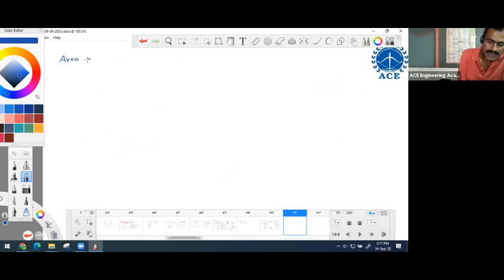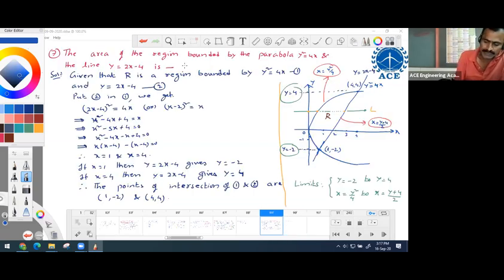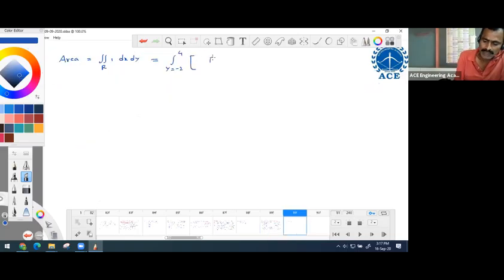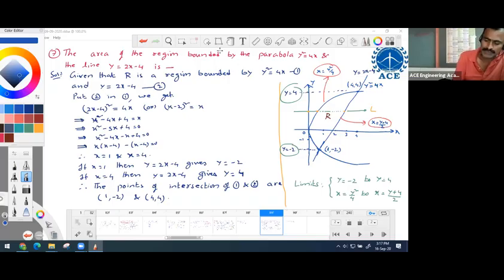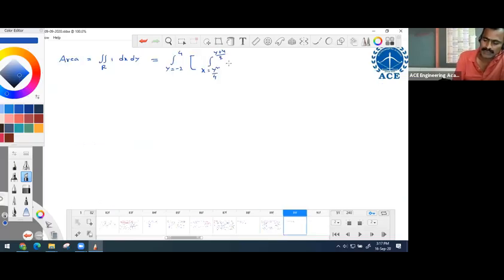Area is given by the double integral over R of 1 dx dy, which is the integral y equal to minus 2 to 4, integral x equal to y square by 4 to y plus 4 by 2, of 1 dx dy.